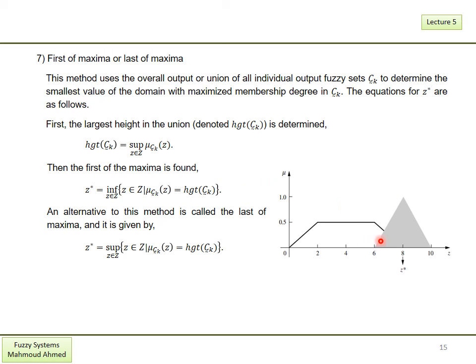For the largest height, we simply calculate the height of this membership function, which is equal to the sup of mu c k of z. And in case we have another membership function in which the maximum value is represented by a line like this, we consider this the first of maximum and this point the last of maximum. And also this can be represented with the height directly from the z-axis. So it is very simple.